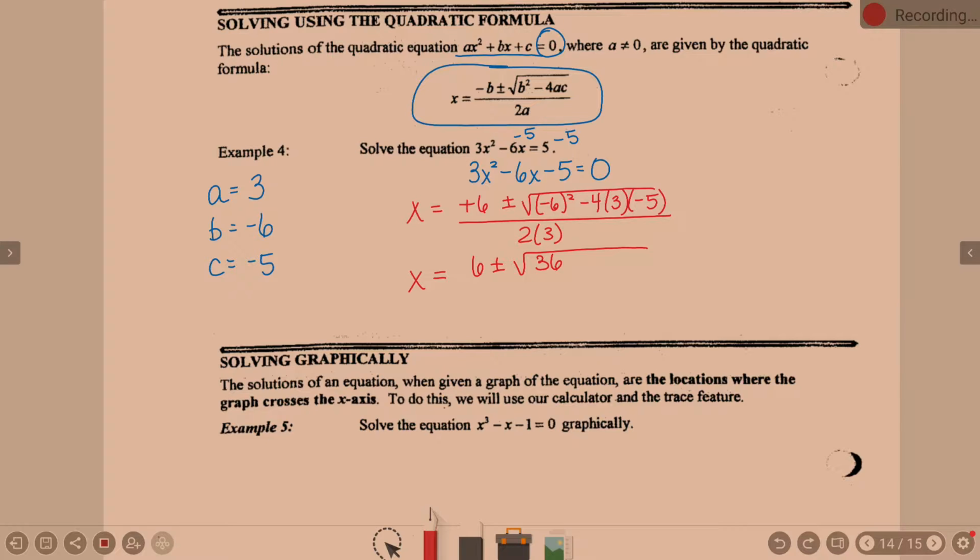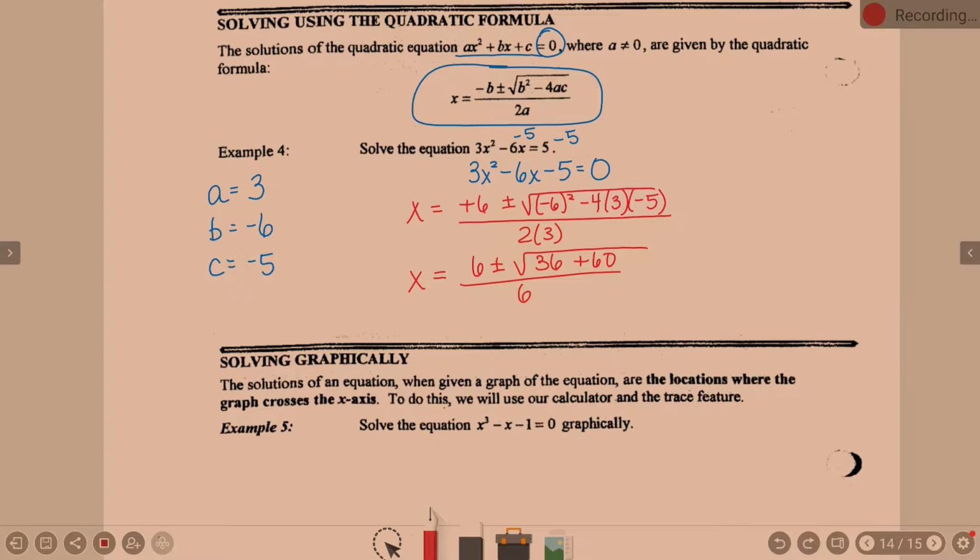Let's see, 4 times, I multiply my numbers and then worry about my sign. You do it how you want, but for me, I see 4 times 5 is 20. 20 times 3 is 60. I see that there was a minus times a negative, which makes it a positive 60.